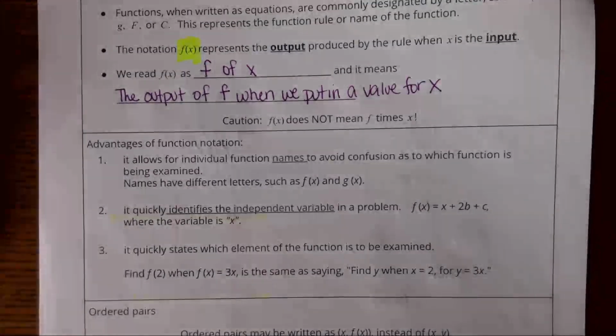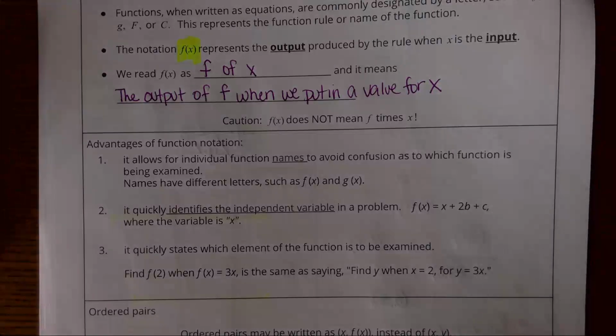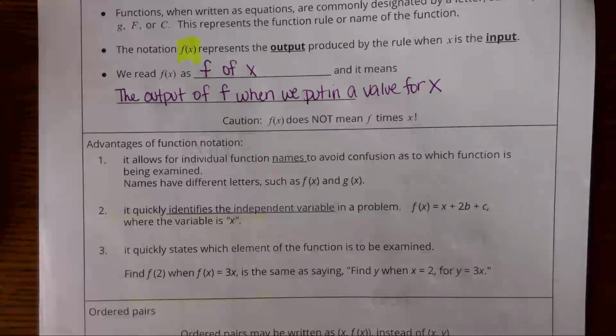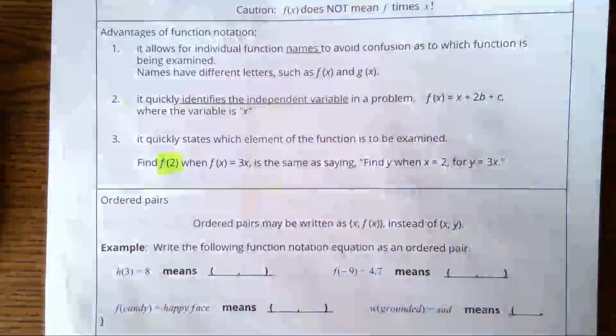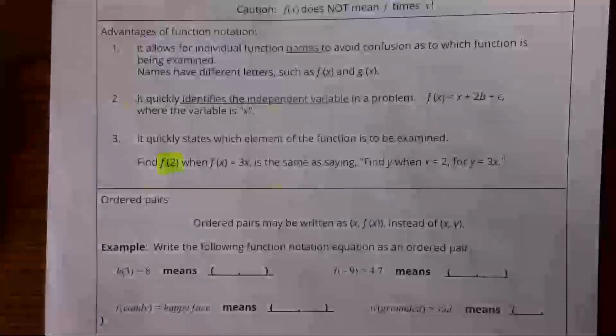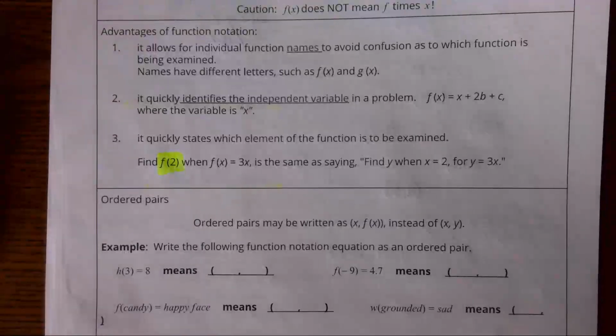So I can pick letters that represent what I'm trying to find. Number 3 is probably the most important one because it's going to be quicker. Today you're going to see that I write f of 2. Hopefully when we leave class today, you know what I want you to do when you see that.